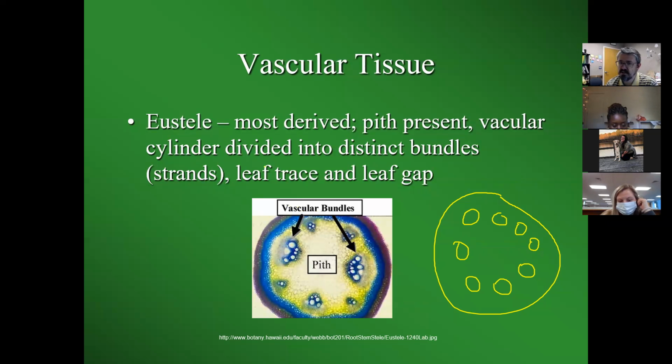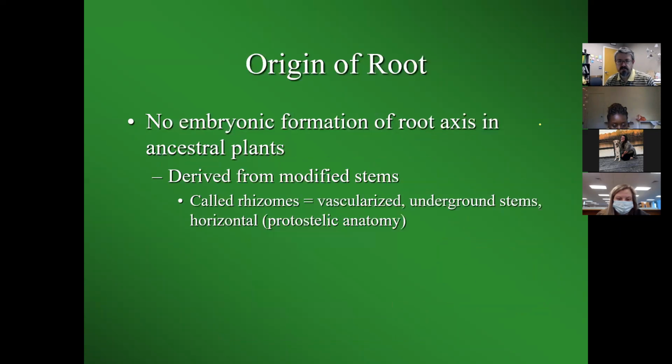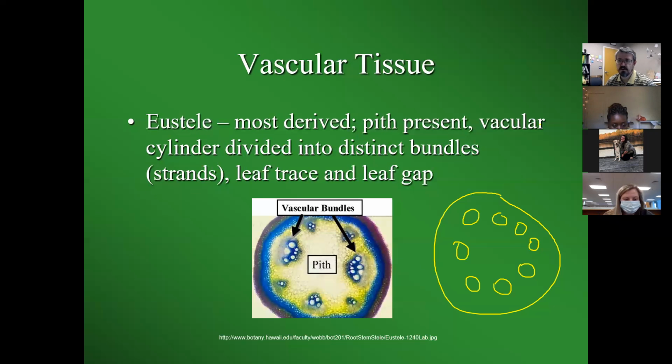So you've got all kinds of leaf traces and leaf gaps as each one of those. Kind of like you may have one going up together and the other one veers off onto the leaf. Okay. Before I get to the root, do y'all have any questions about stele types?